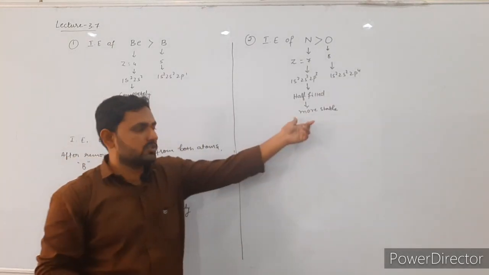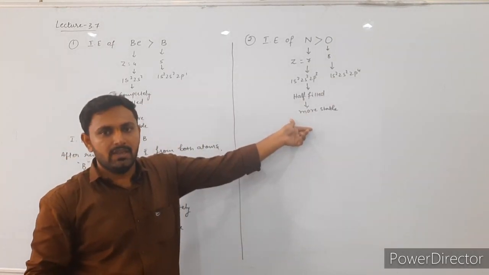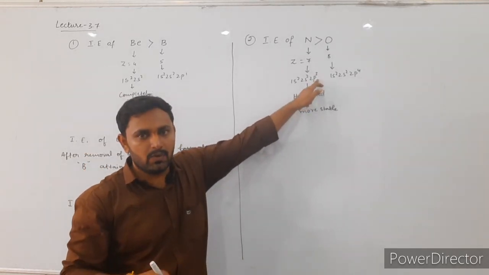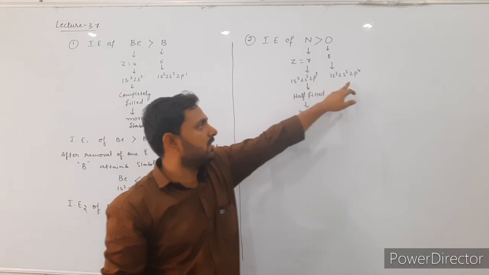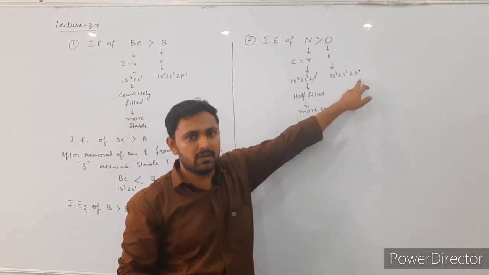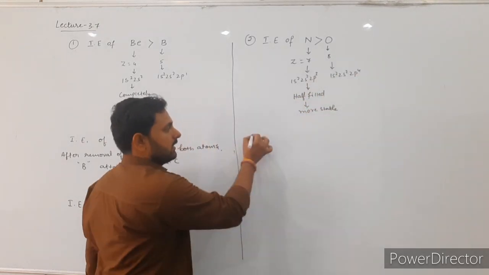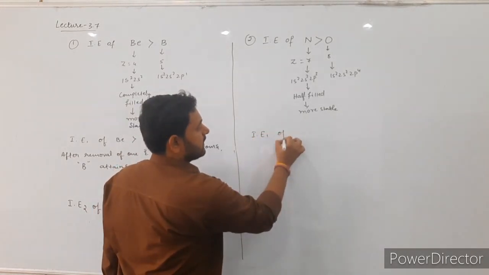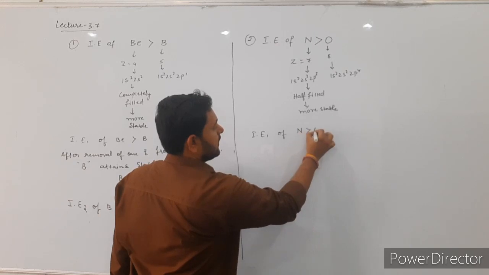Because of more stable, the amount of energy required to remove the first electron from nitrogen is more as compared to oxygen. That's why the first ionization energy of nitrogen is greater than oxygen.